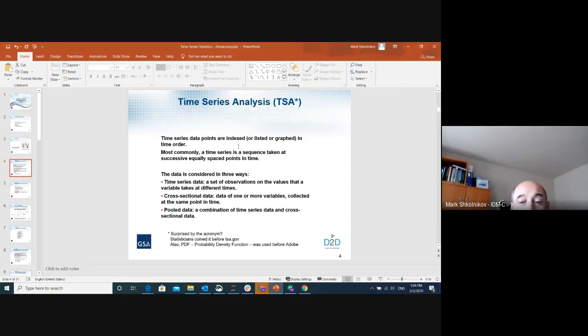So first of all, it's a set of observations on the value that a variable takes in time. Second, it allows cross-sectional data, looking at different variables collected at the same point of time. So time gives us that kind of reference. And of course, you can do a combination of the two.